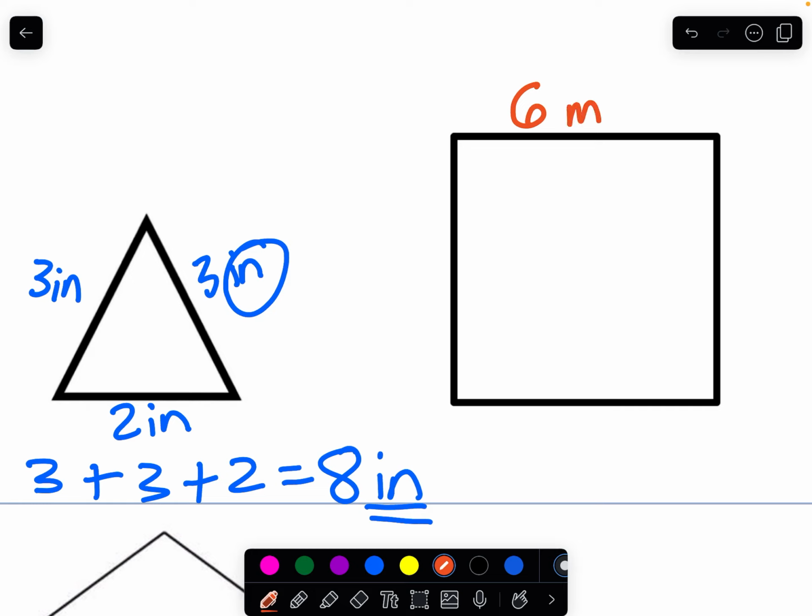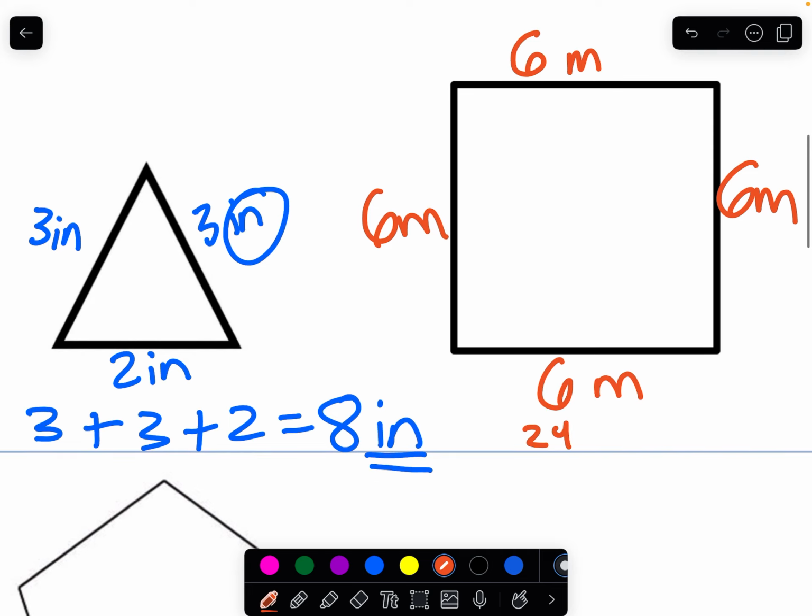But I know that it's a square. Since I know it's a square, that means the other sides are also 6 meters because all the sides are the same. And now I can do 6 plus 6 plus 6 plus 6, which is the same as 6 times 4, which is 24 meters. And that's really all there is to it.